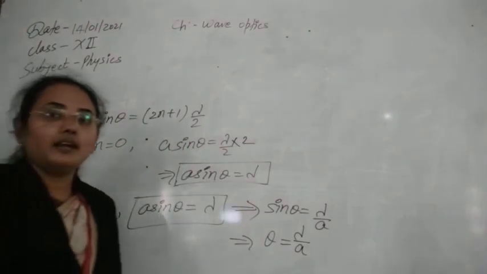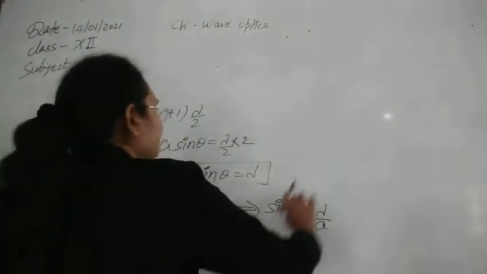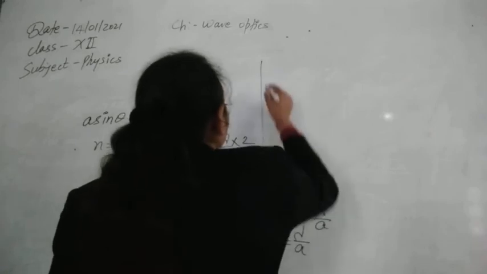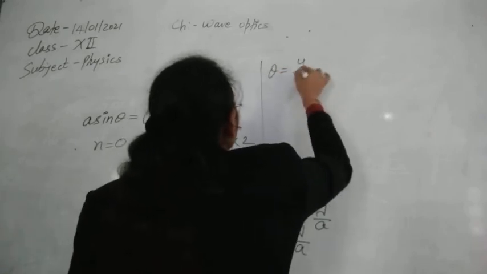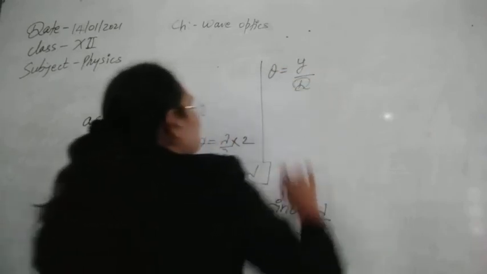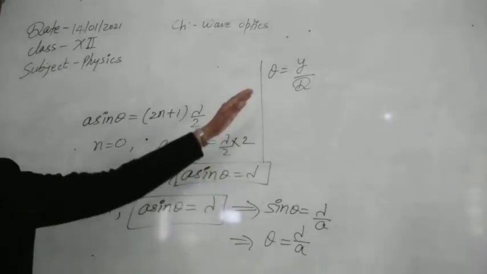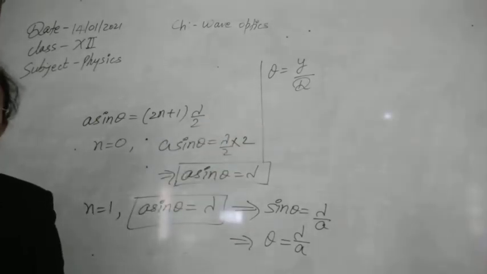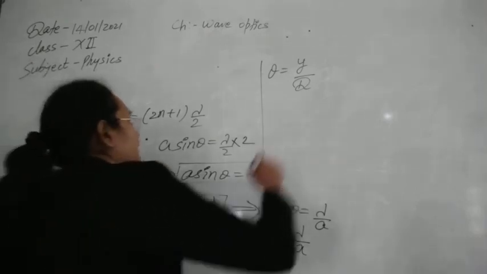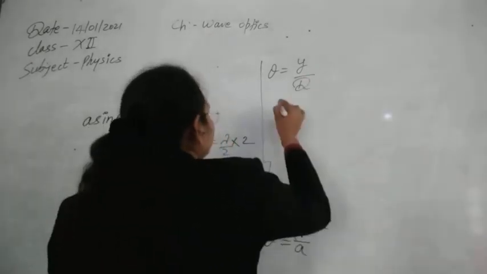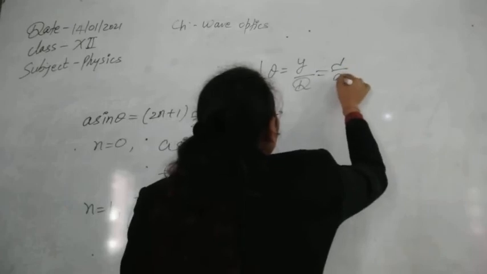Again, by using the trigonometric equation, theta is obtained as y by d. You can take the help of the figure that we made before, and there you can calculate theta as y by d by using the value of tan theta. Now y by d is equal to lambda by a.